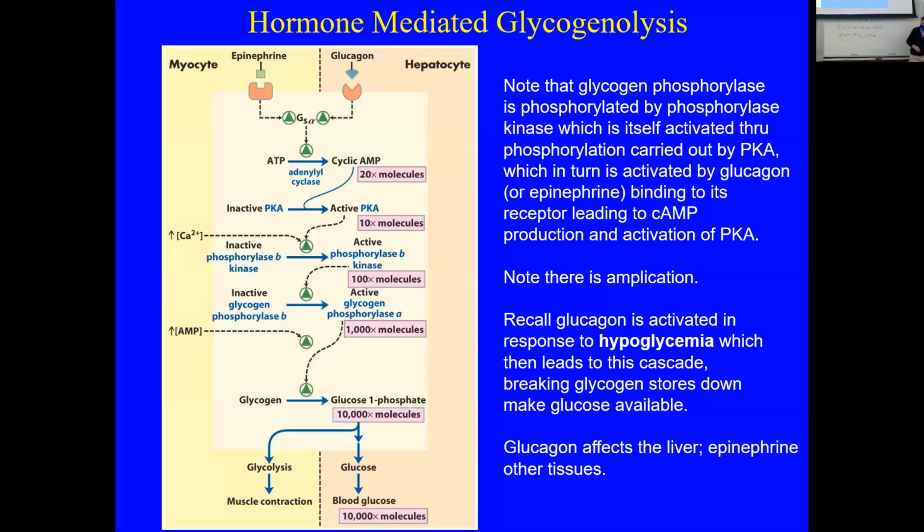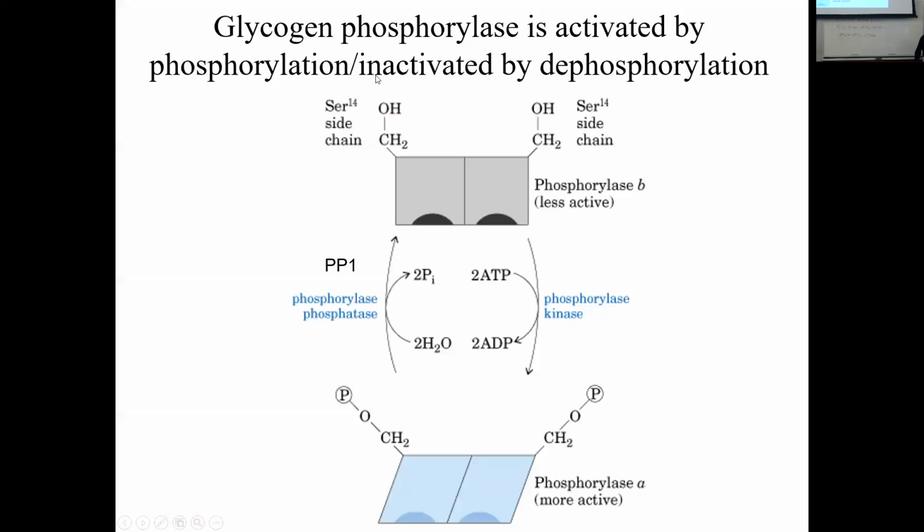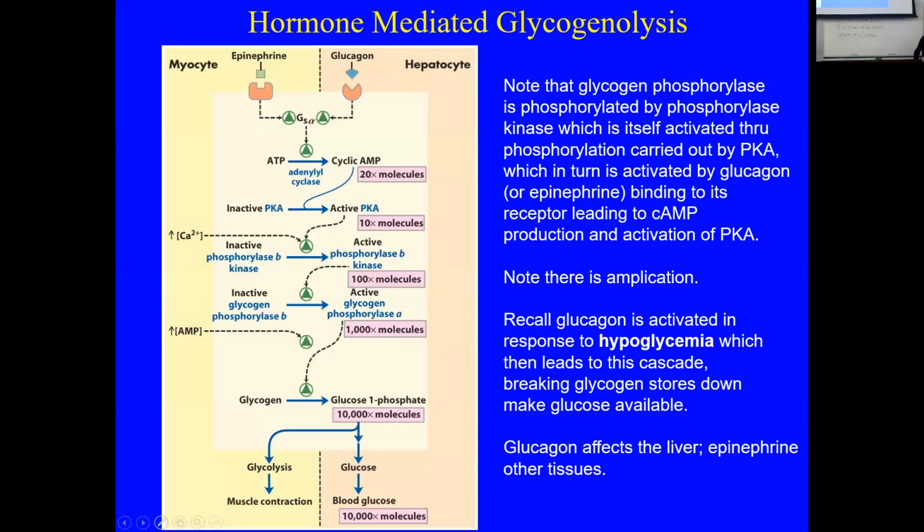This slide talks about glycogen phosphorylase. Glycogen phosphorylase is the enzyme that is responsible for the release of glucose 1-phosphate from glycogen. Up here at the top, we find these two hormones that are going to govern the activation of glycogen phosphorylase.